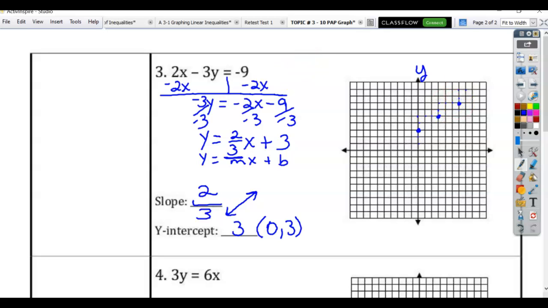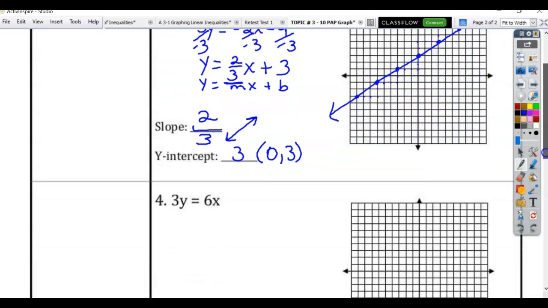Then from the y-intercept, you can go down 2, over 3. Down 2, over 3. Okay, I can't go over anymore, so I've got to connect my dots and make sure I add arrows, and I'm done with that one.